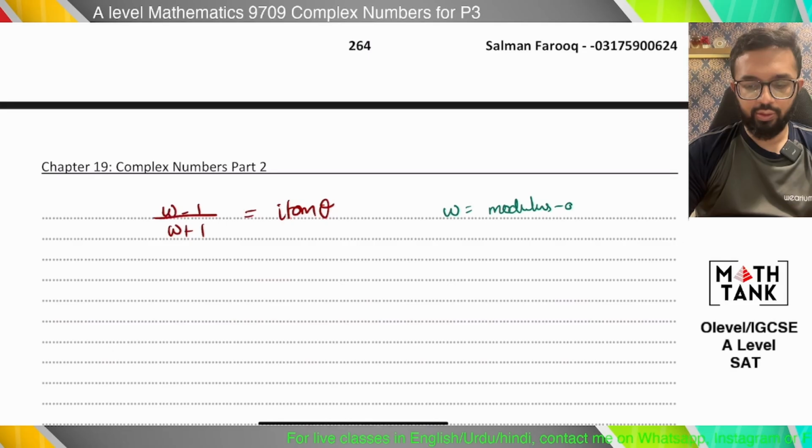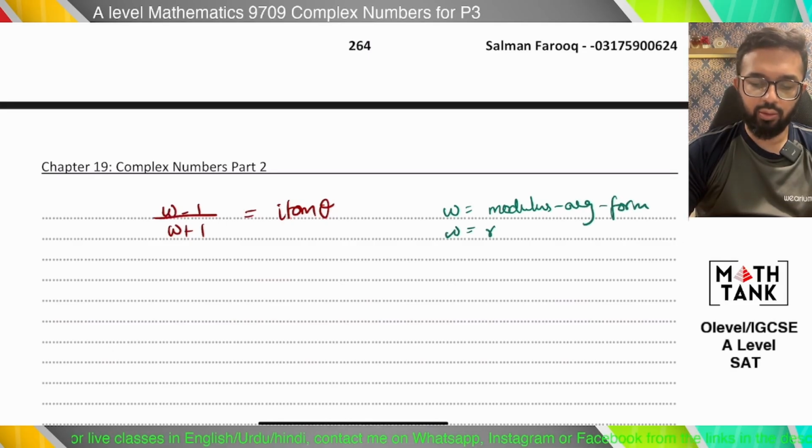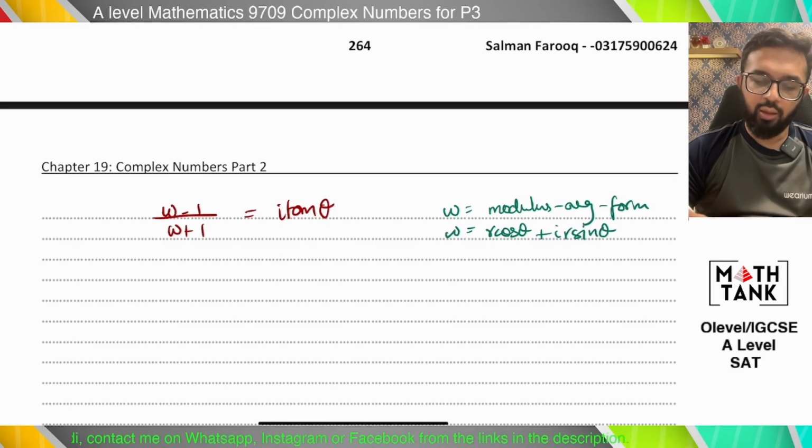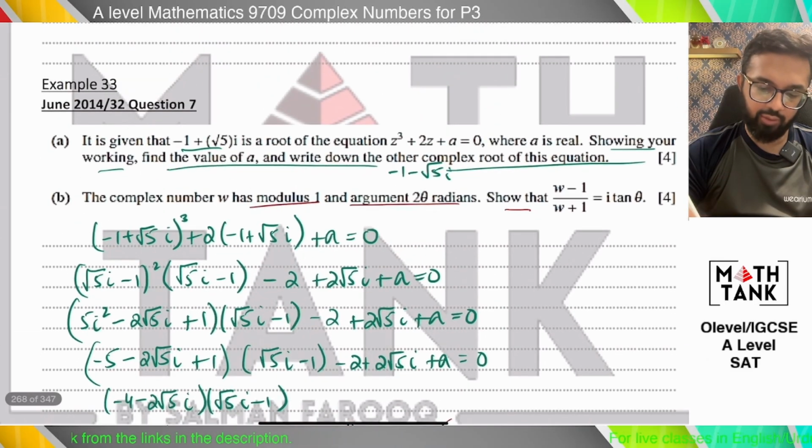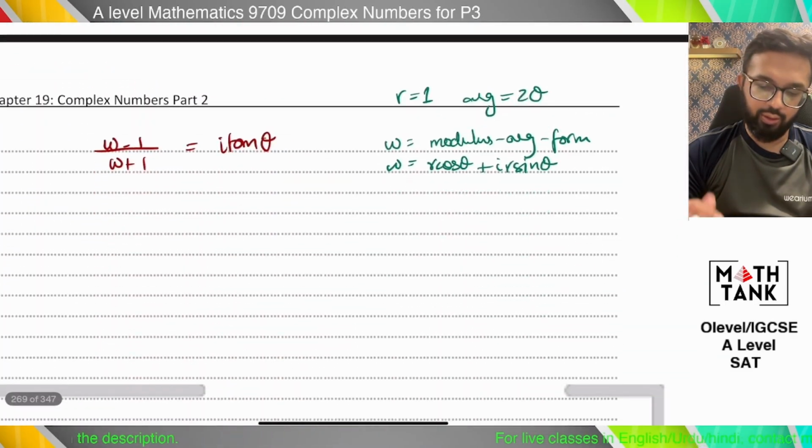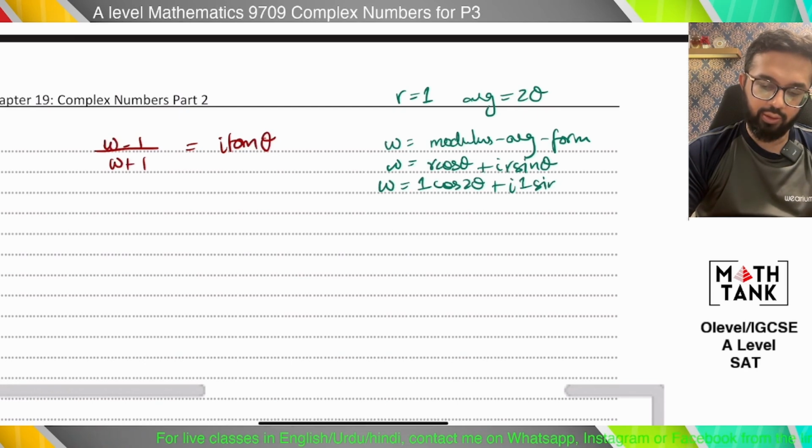What is the modulus argument form? The modulus argument form is r cos theta plus i r sine theta. You're telling me that the modulus is 1 and the argument is 2 theta, I think. That's what the question is telling me. Yeah. The argument is 2 theta. So w equals 1 cos 2 theta plus i 1 sine 2 theta. So cos 2 theta and sine 2 theta i.